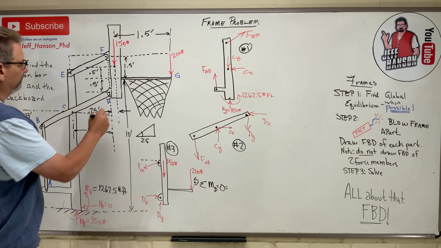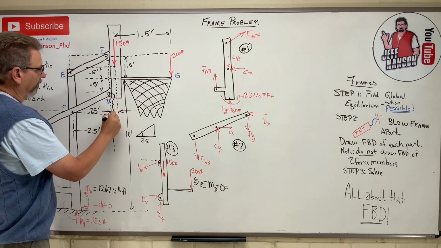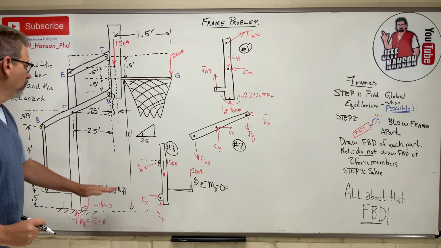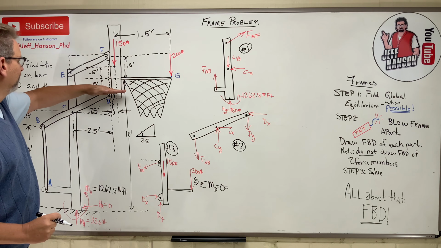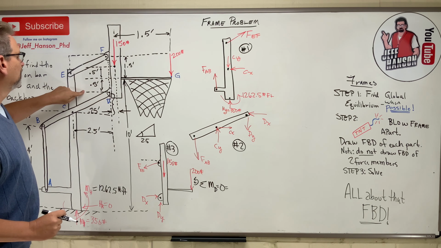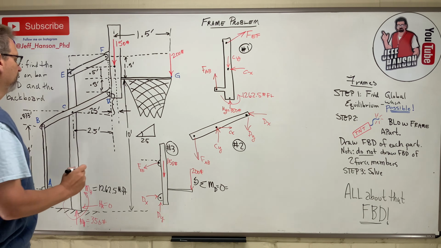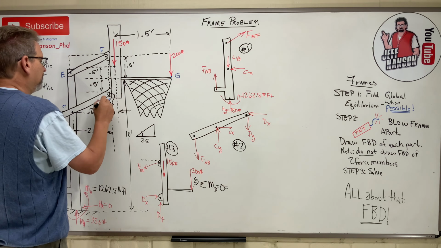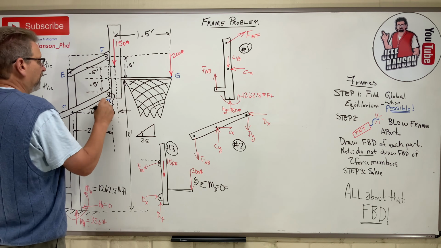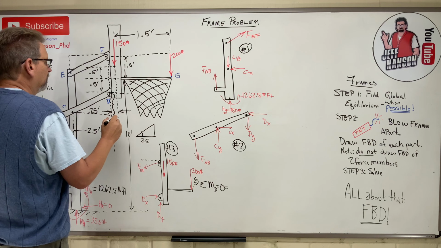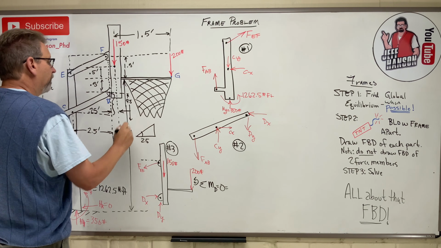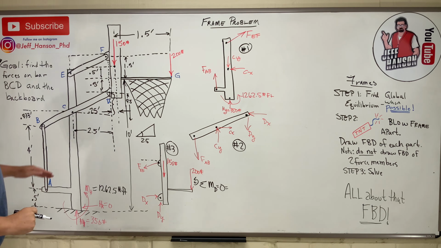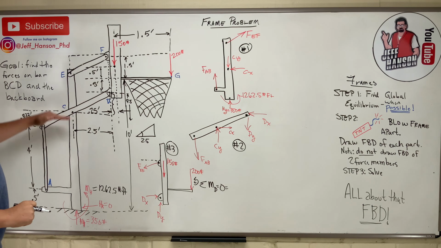Then what is this distance right there? Okay, from the ground to there is 10, and then back is what? 9.5. So from the ground to the top up here is 9.5. I don't know how to write that down. 9.5 to the bottom. Okay, and then what is it from the ground to this point?